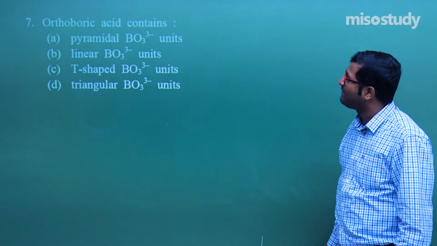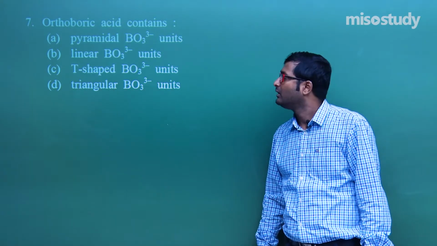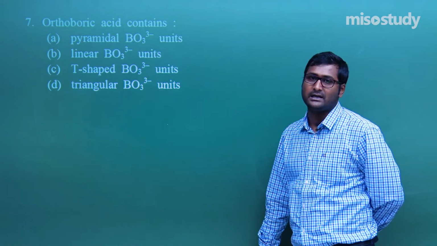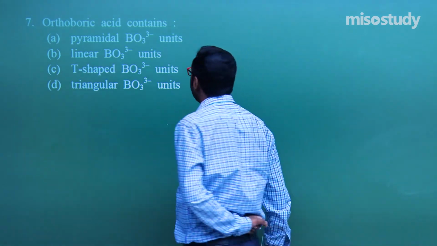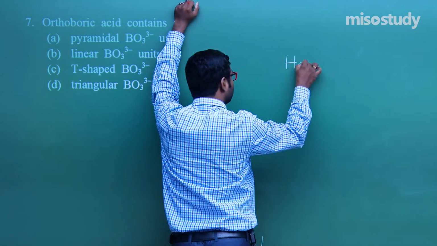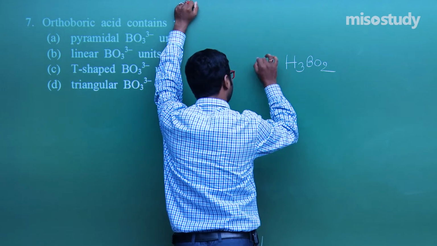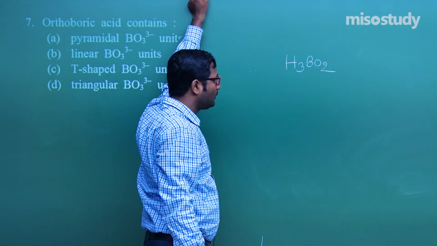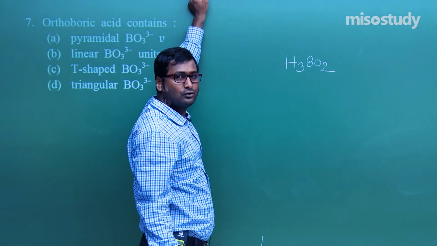Question number 7, orthoboric acid. It's your turn, you have to solve this question. What is given here? Orthoboric acid contains what? Tell me. Orthoboric acid, as we know the formula of orthoboric acid, is H3BO2. Tell me, am I right or wrong? Sir, are you kidding? This is not the formula of orthoboric acid.